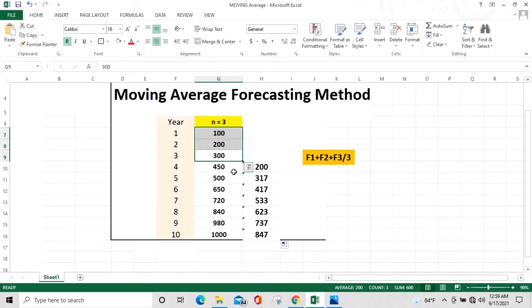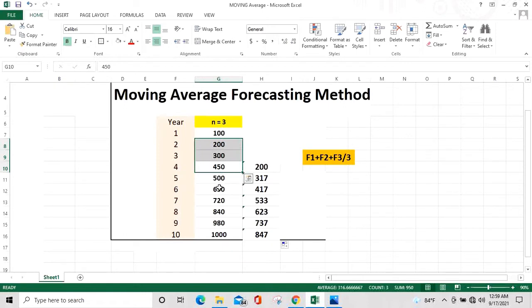When we want to calculate the year 5 forecast, then we have to calculate the average of the previous years. Now previous years means year 4, 3 and 2. You must not by mistake include year 1's data here.